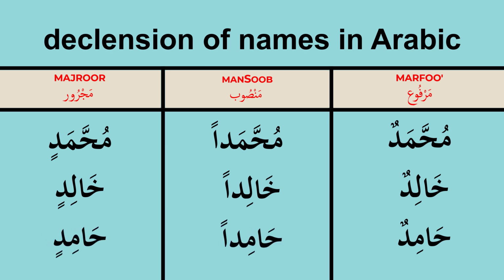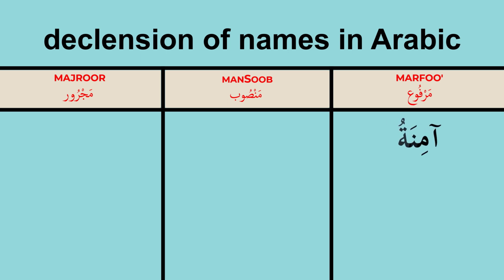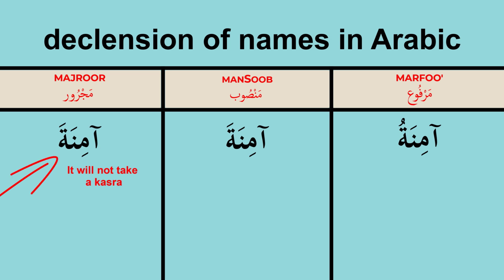How about Amina? Aminatu. Next one, Aminata. And next one, Aminata again. It will not take kasra. Even if it is majroor, brother, it will still show fatah.